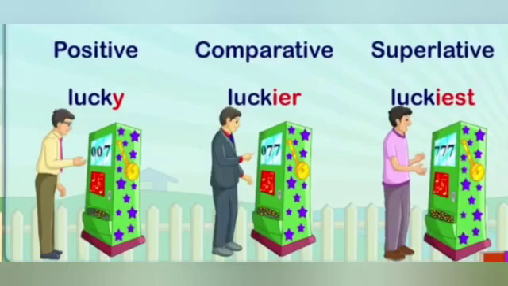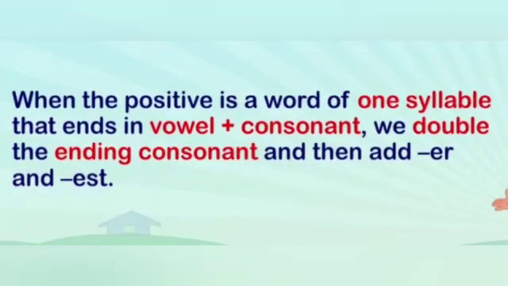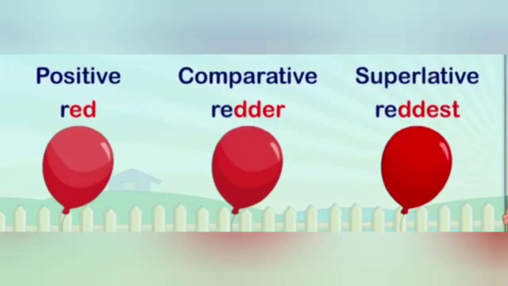Now next, when the positive is a word of one syllable that ends in vowel plus consonant, we double the ending consonant and then add er and est. For example, red, redder, reddest.